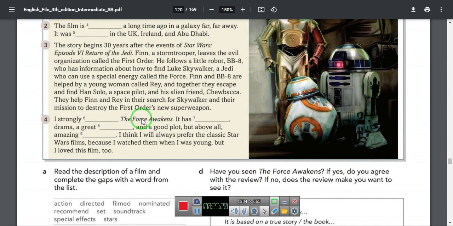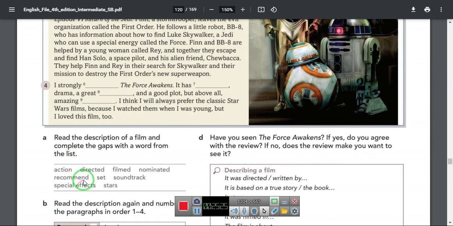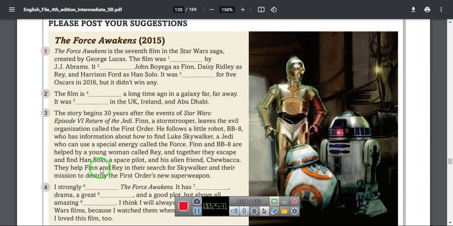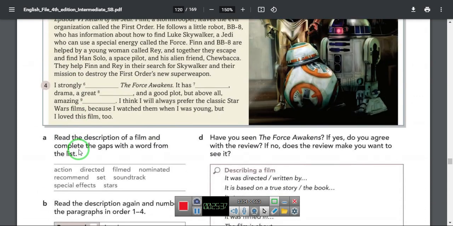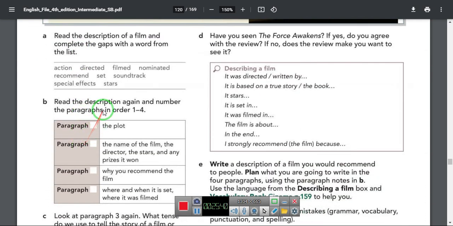Let's see what we have here. Итак, слова, которые нужно вставить, они даны здесь. Action, directed и так далее. Мы будем читать о 7-м фильме Джорджа Лукаса, посвященный Звездным войнам. Поэтому прочитайте это определение, этот короткий текст дважды.